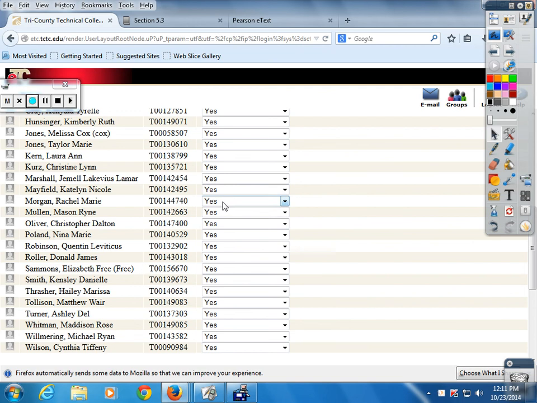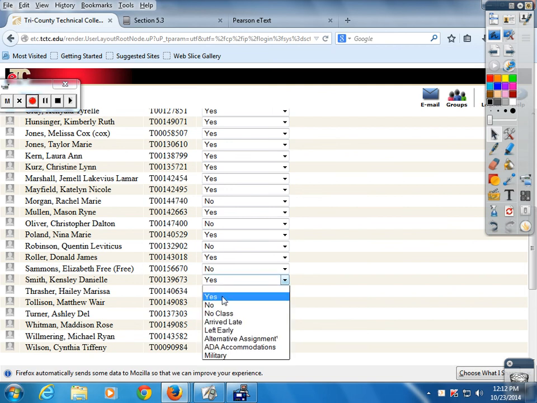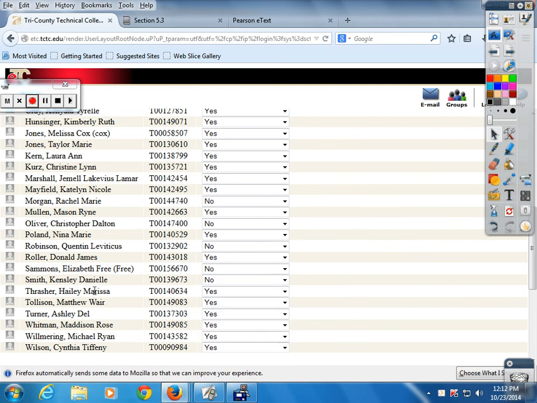I didn't see Morgan today. Mullen. Oliver's not here. Poland's here. Robinson's here. No, he's not. Robinson's not here. Roller. Here. Salmons. Not here. Smith. Not here. Thrasher. Tollison. Turner. Whitman. Wilmering's here, and Wilson was here.